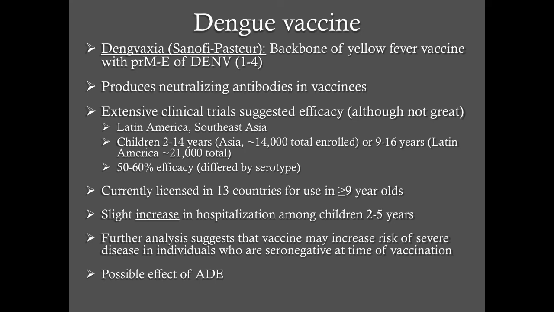So the younger ones were more likely to be seronegative, but if you look across a larger spectrum, all the way through adults with vaccinated individuals, it seems that anyone who has not had dengue before is potentially at risk for a more severe dengue infection, and this is possibly due to the ADE phenomenon that I described earlier, even though this does have representatives of all 4 serotypes.